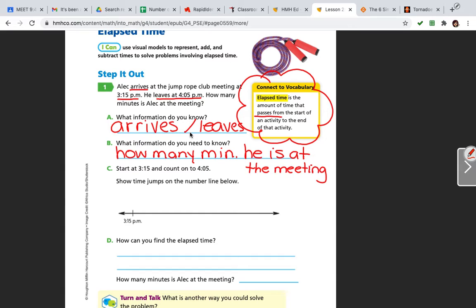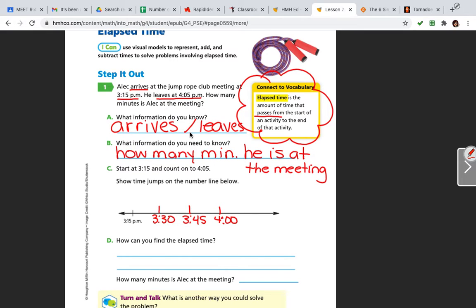So show time jumps on the number line. Let's do time jumps since it starts at 3:15. Let's do time jumps of 15 minutes. So let's say 3:15, so the next 15 minutes would be 3:30. And then from 3:30, let's go to 3:45. From 3:45, let's go to 4 o'clock.